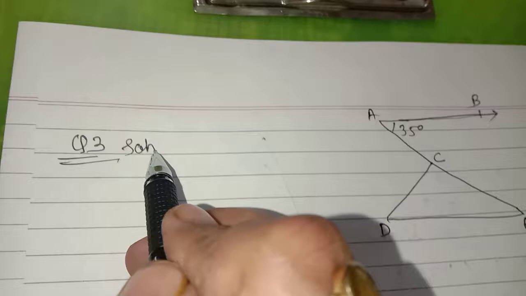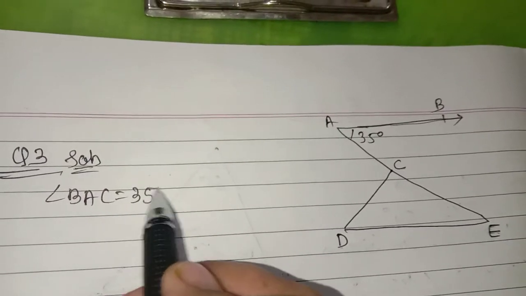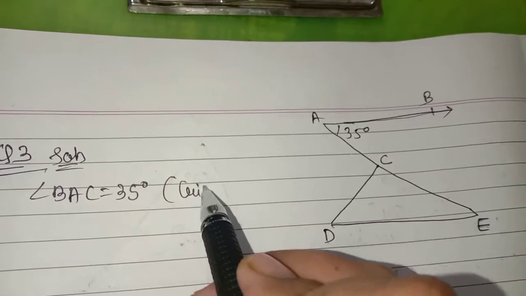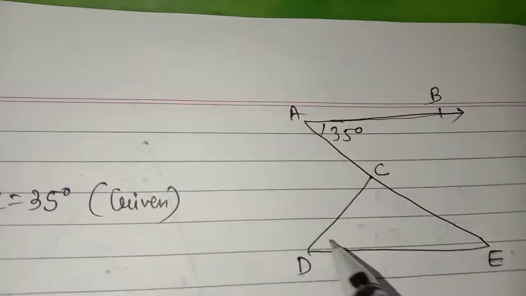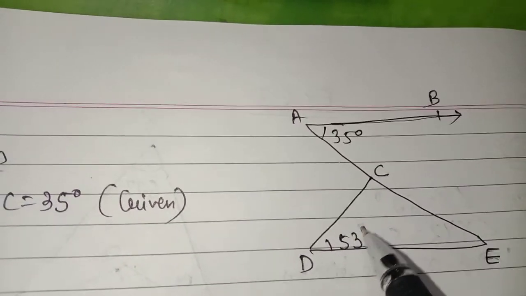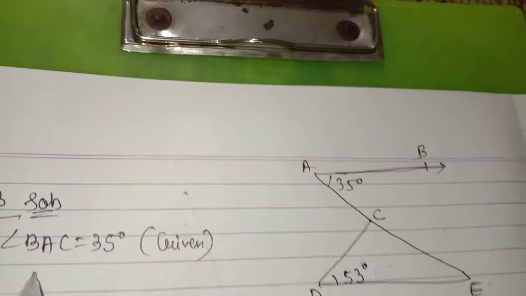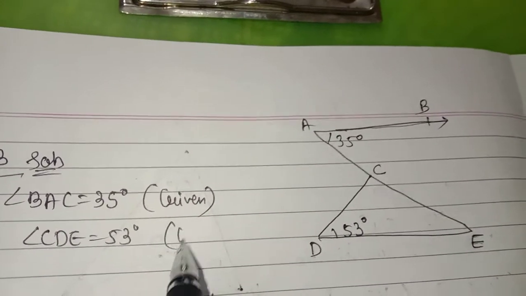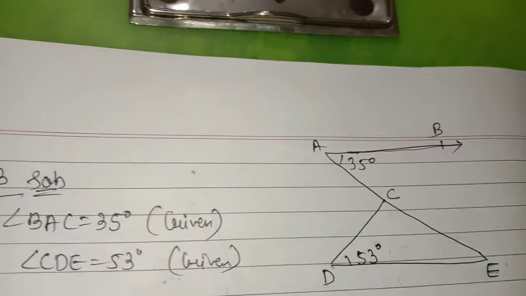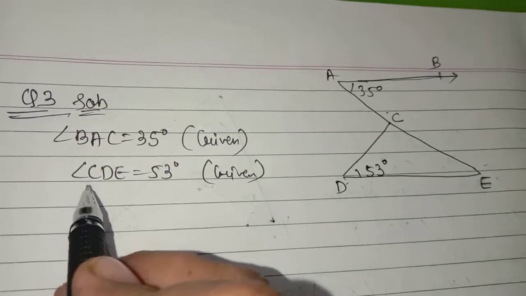In the solution I will write angle BAC is equal to 35 degrees. It is given. Then angle CDE is 53 degrees. It is also given. So our requirement is what? DCE.